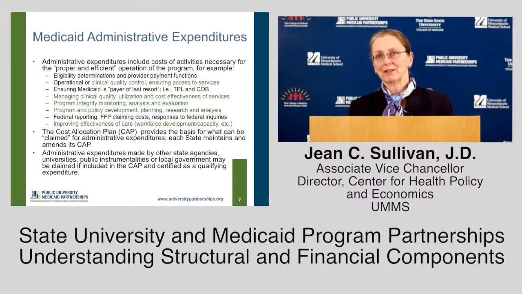The delivery of medical services involves the need to engage in clinical quality control and ensuring enough access to those services, which has to do with capacity. Do we have enough physicians, enough hospitals, et cetera? And building expertise in the clinical area is one of the key areas where universities can contribute.